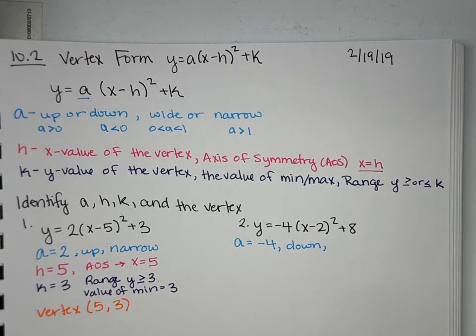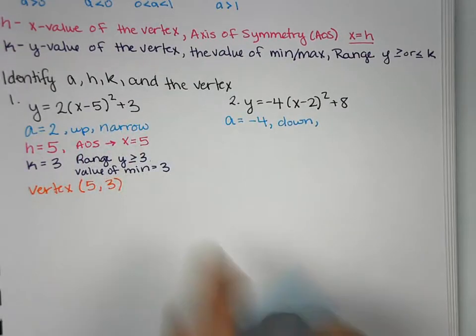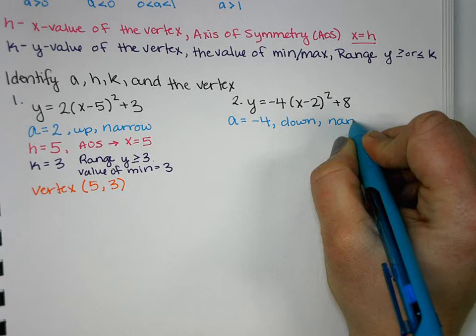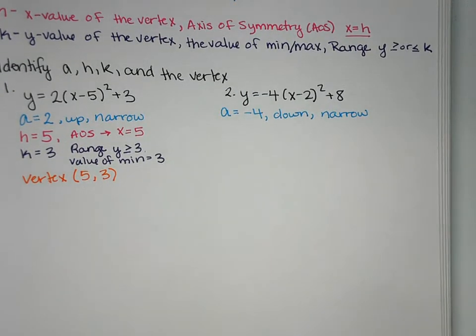The 4 is greater than 1, so it's going to be more narrow. In order to go wide, it has to be a fraction between 0 and 1. When we look at the -4, the negative tells us one thing, the 4 tells us another, so you have to separate them in terms of identifying those two things.